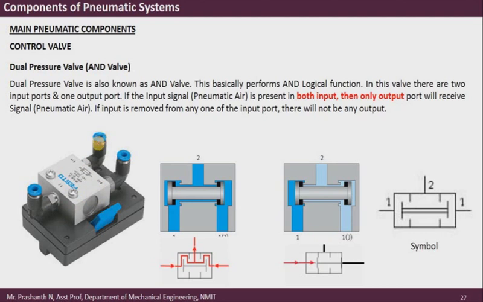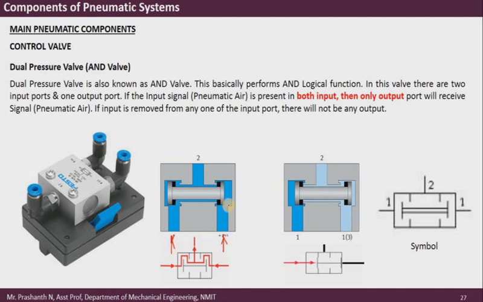You can see there are two different inputs, and then there is this one output. Now if you see the cross section, or the functioning of the dual pressure valve, this is how it works. These are the two inputs. Here you have one input, here you have another input.